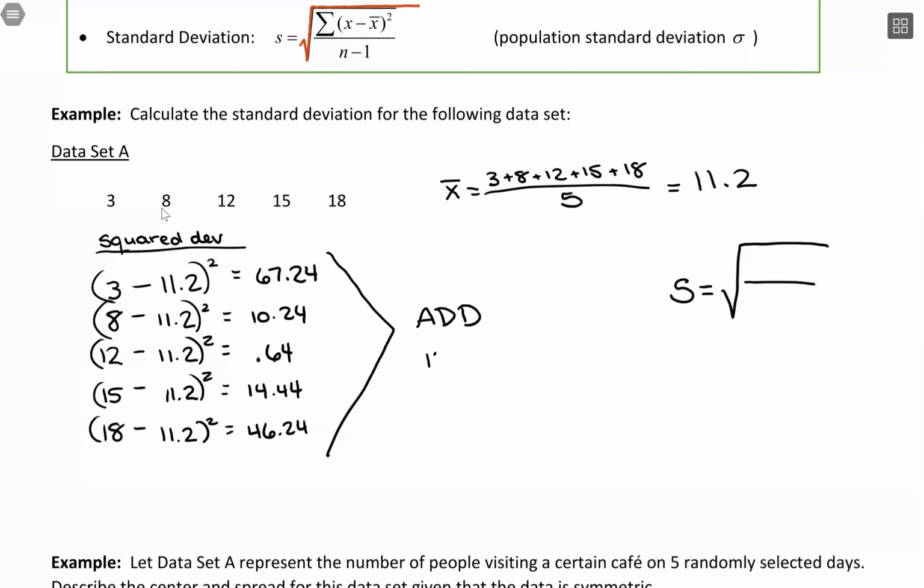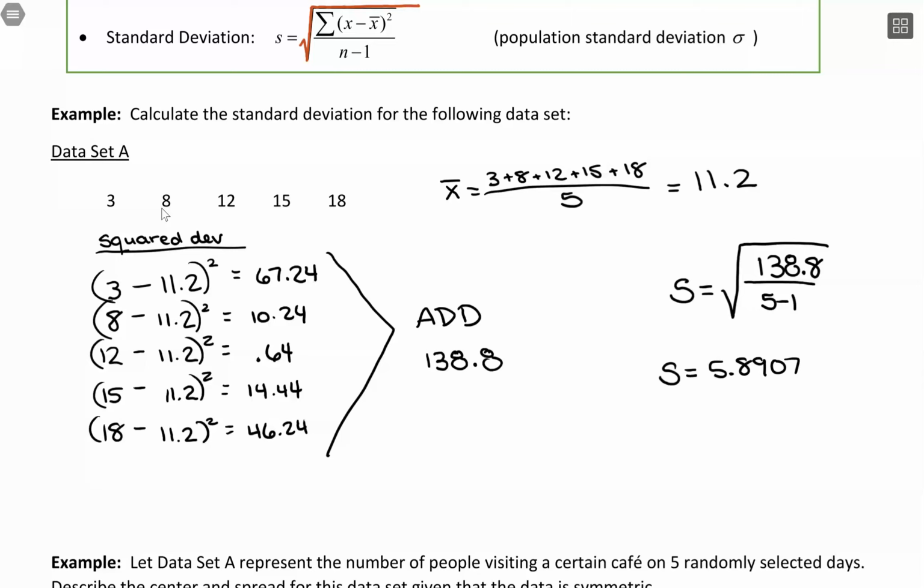So if we add those up, those should add up to 138.8. So that'll make the numerator. So that's the sum of my squared deviations. And in the denominator, sample size minus 1. So then it's much simpler to plug into the calculator.